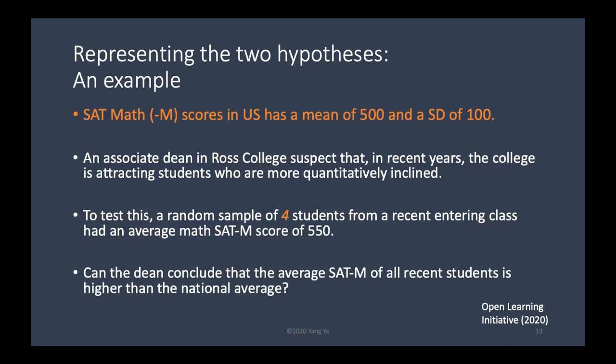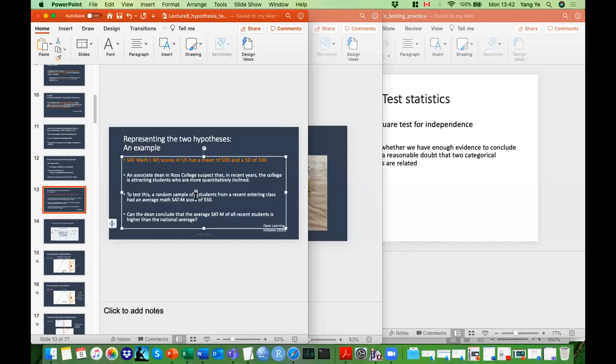Let's also assume that the distribution is normal. Suppose an associate dean in Ross College suspects that in recent years the college is attracting students who are more quantitatively inclined, which means their students might have higher SAT-M scores than the US population. Here I set a random sample of 4 students, but actually what I mean is 16. So I'm going to change that to 16.